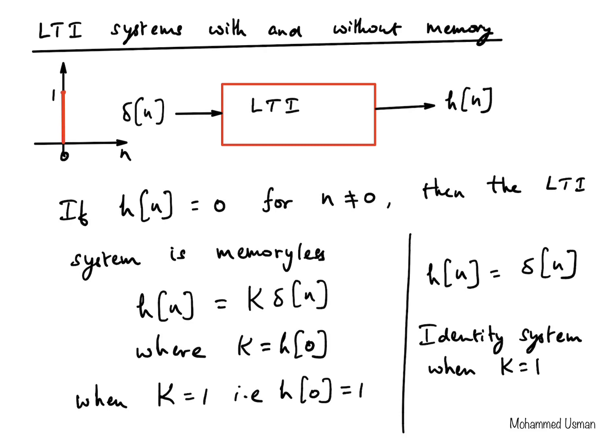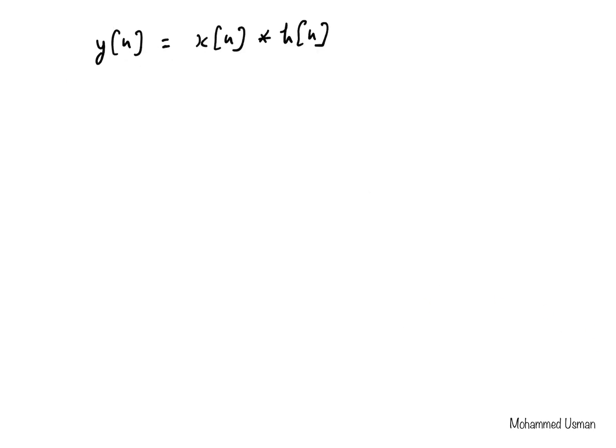But when the system is memoryless, without memory, and the scaling factor is 1, that is an identity system. An identity system by its definition is a memoryless system, because the output is exactly equal to the input, so it does not depend on previous inputs as well.